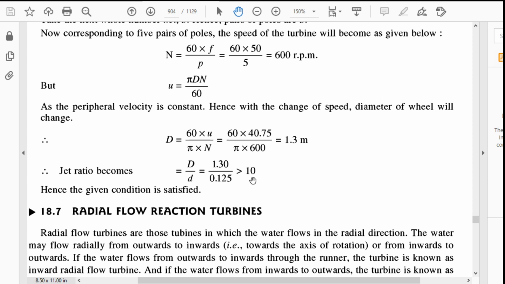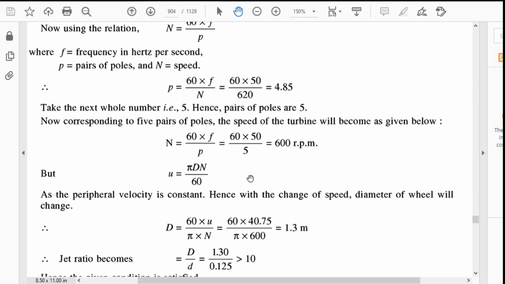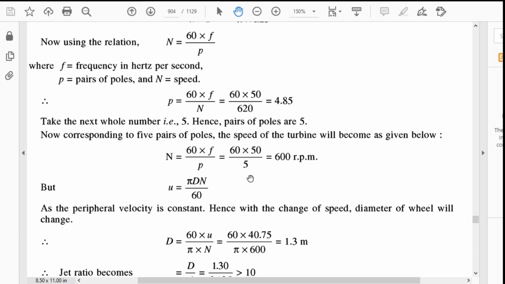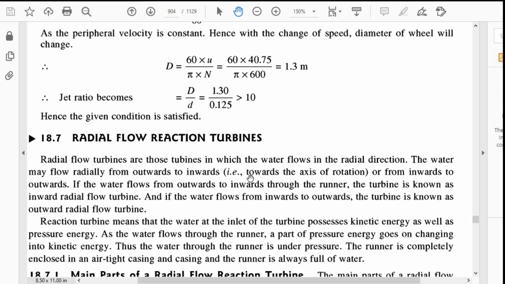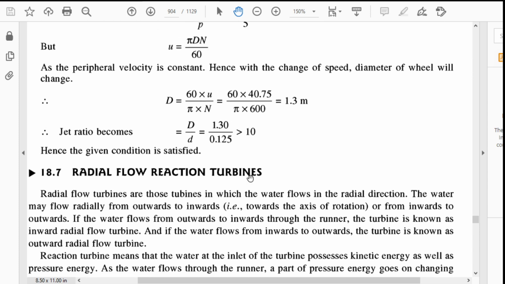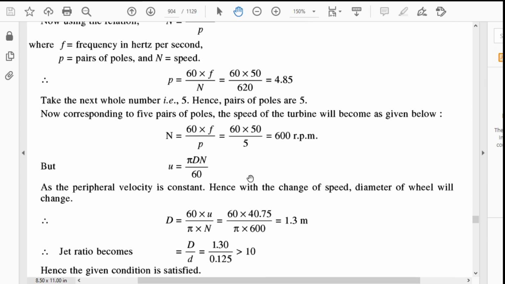Now for this condition we have found the speed and the wheel diameter. Speed is 600 rpm and the wheel diameter, capital D, will be 1.3 meters.